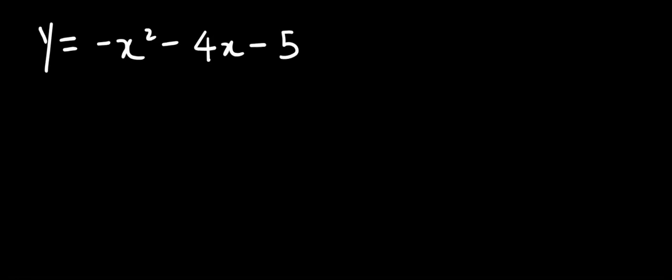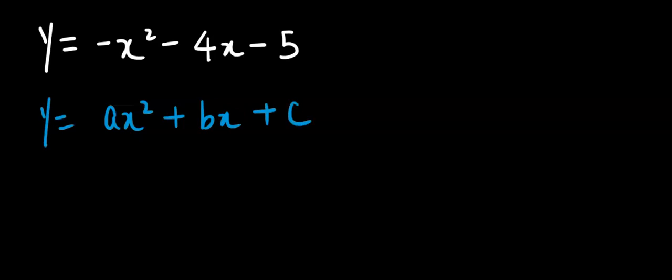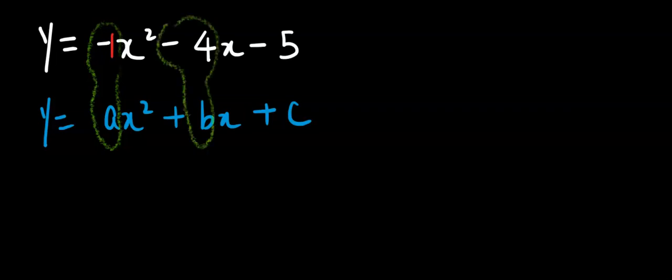Amen. All right. First, I would like to write down the standard form, which is ax squared plus bx plus c. Then I would like to mention a is -1, b is -4 in this case, c is -5 in this case.